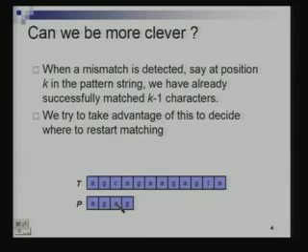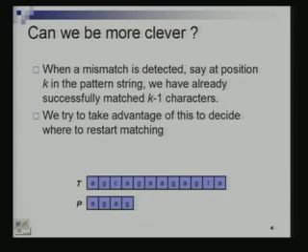So, what do I know? I know that the first 2 characters of the pattern are the same as the just preceding characters in the text, right. So, I can use this information to try and move the pattern not by one step, but by more steps.